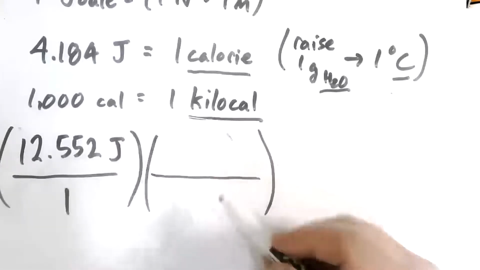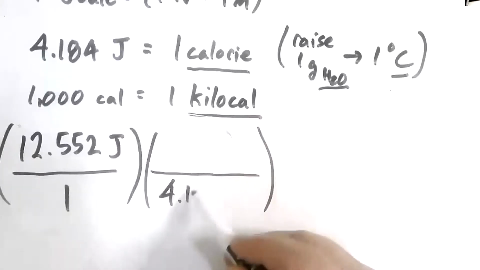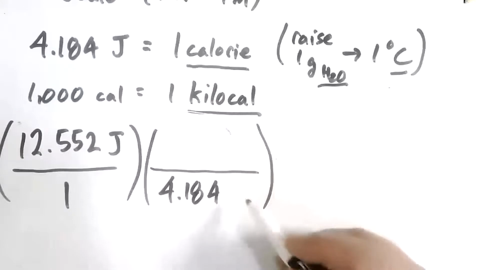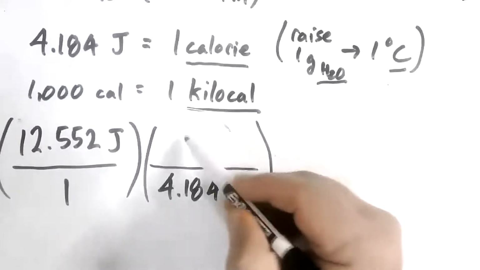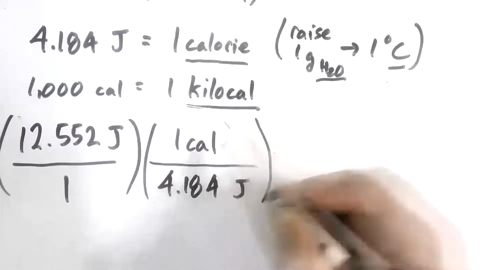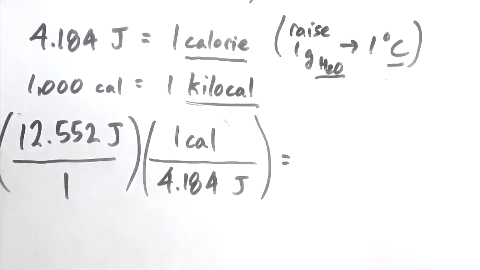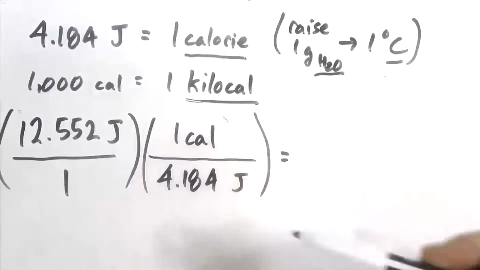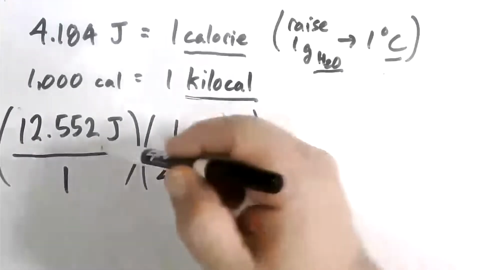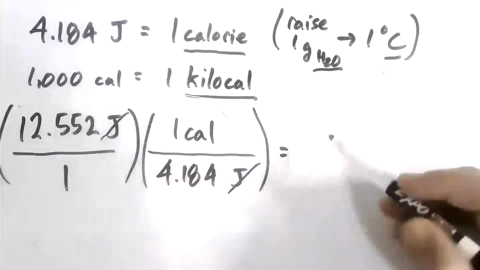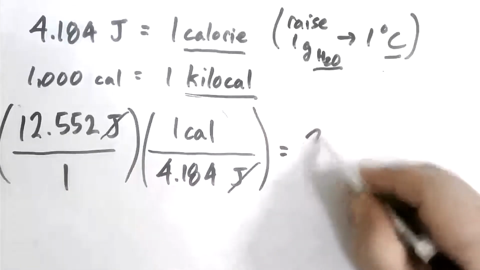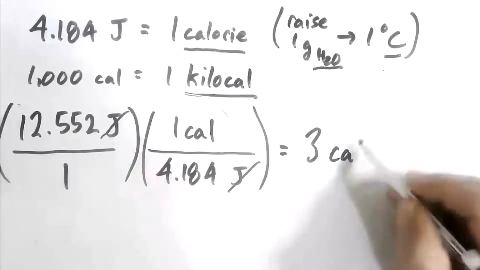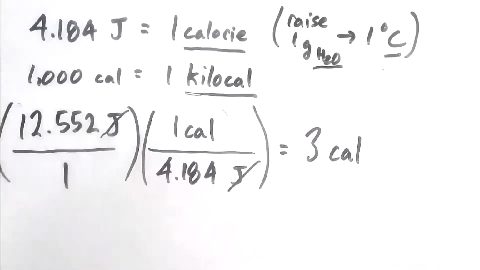Since we have joules on the top here, we're going to put the 4.184 joules on the bottom here. And then on the top, we would have 1 calorie. Okay, so this is a situation where we have a non-one number on the top, a non-one number on the bottom. So we're going to do division. And if we do division, what do we discover? Well, we discover that this is precisely 3, and we have 3 calories.